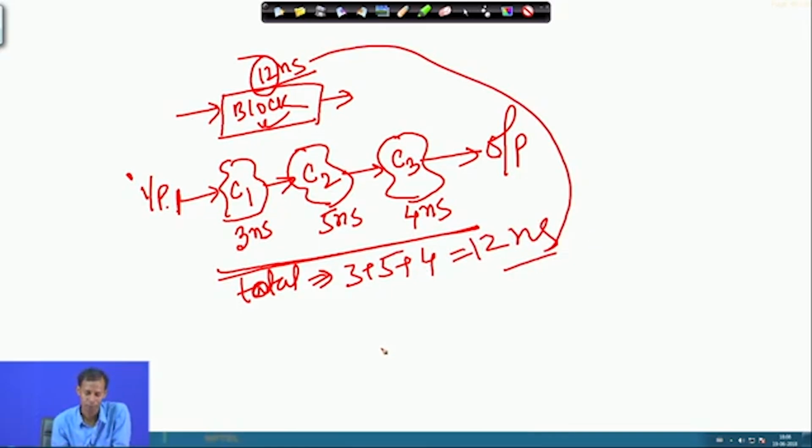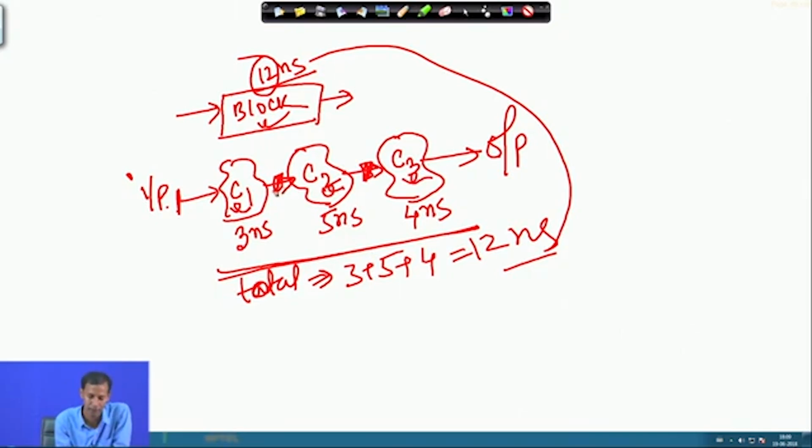Now, in the pipelining technique we will try to put registers in between these blocks. Here there is a data dependency, because C2 is processing the data from C1, and C3 is processing the data from C2. If I put a register in this path and this path, then each block will work as an individual block.